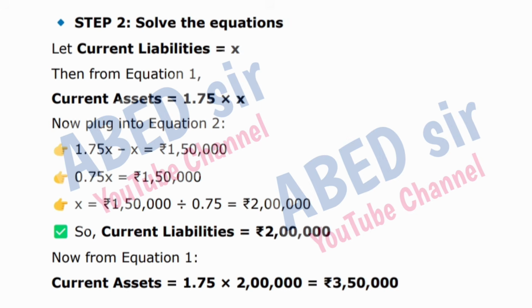X is equal to 1,50,000 divided by 0.75 is equal to 2 lakhs rupees. So, current liabilities is equal to 2 lakhs rupees. Now from equation 1, current assets is equal to 1.75 times 2 lakhs is equal to 3,50,000 rupees.